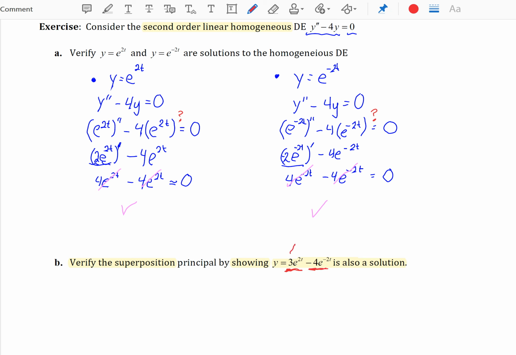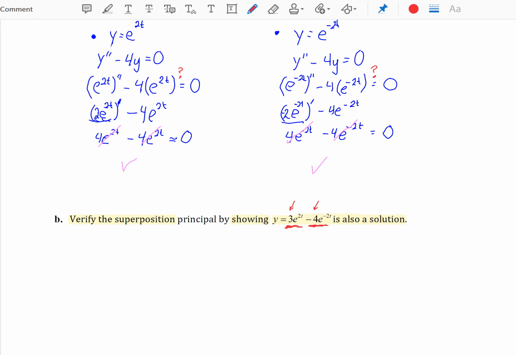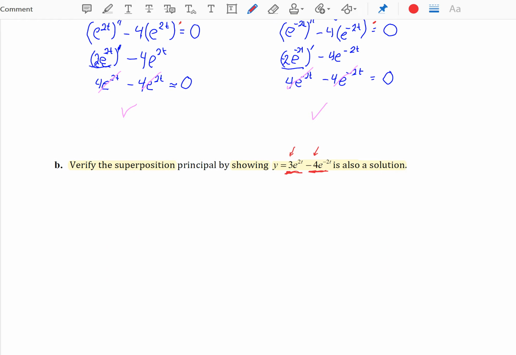Again, there's no reason that I picked the 3 and the -4. It was completely random. But it is a linear combination of homogeneous solutions, so it should also be a solution. So to verify this, we'll take our original differential equation, y double prime minus 4y equals 0, and evaluate this at our proposed solution.